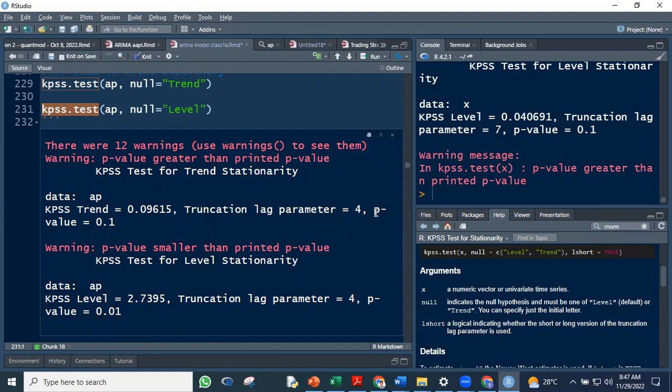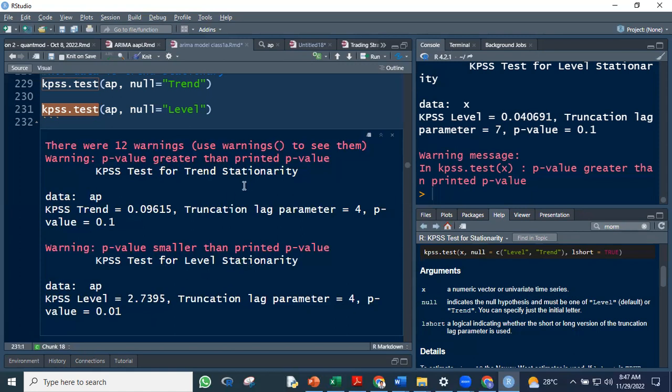Okay, bakit magkaiba yung result nila? Kay trend, its p-value is 0.1. So we fail to reject the null hypothesis that our AP series is trend stationary. And dito naman, we reject the null hypothesis that our AP series is level stationary.